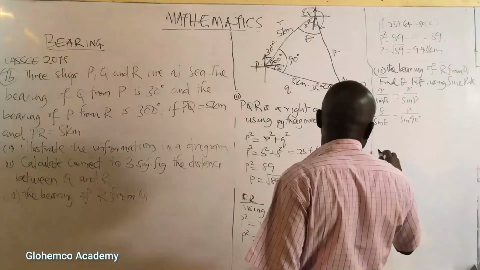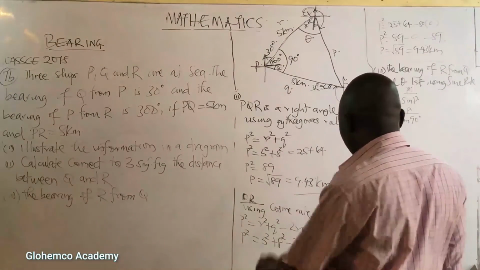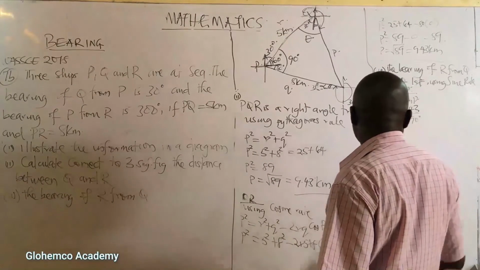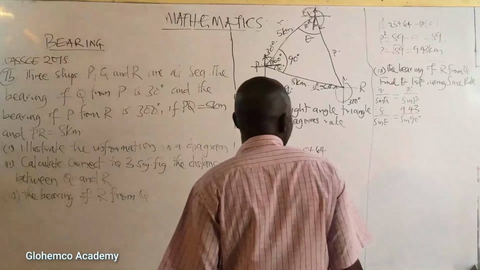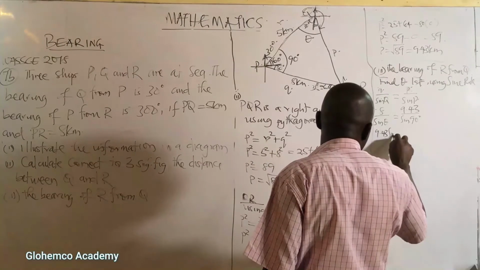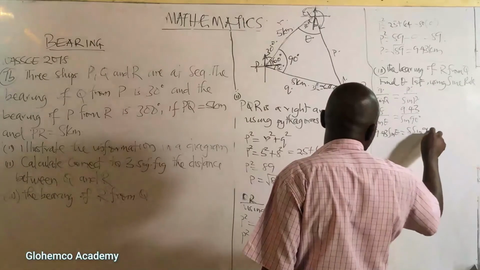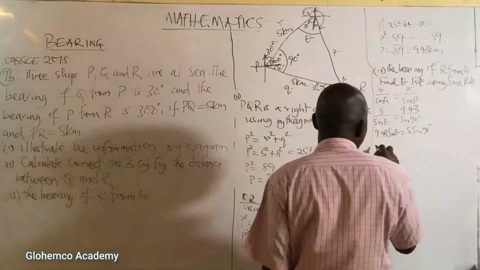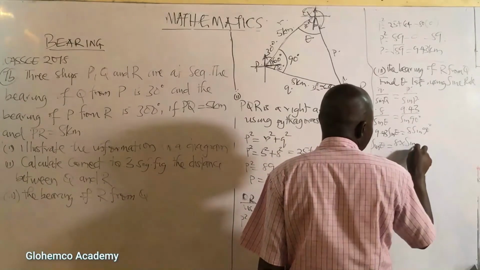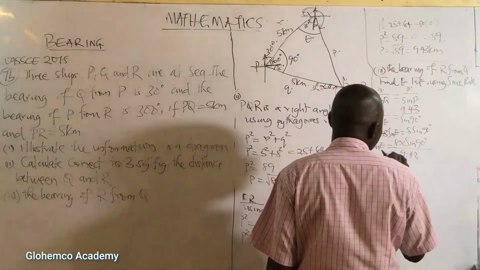Now, what is our p? We've got the value of p the other time. The value of p is 9.43. By cross multiplication, we have 9.43 sine theta equals to 8 sine 90 degrees. Sine theta is 8 sine 90 degrees all over 9.43.